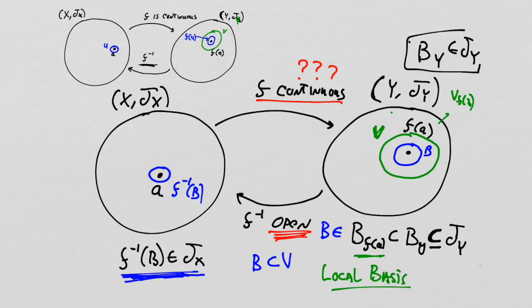There is one last point: this only proves that F is continuous at A. This all depends on neighborhoods surrounding the point A. But of course, A is arbitrary, so it's continuous everywhere.